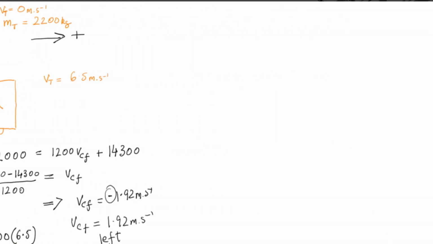The sum of all the kinetic energy before, so initially, is equal to the kinetic energy after the collision. And we know that the formula for kinetic energy is just equal to half mv squared. So I'll put that on the side for reference.